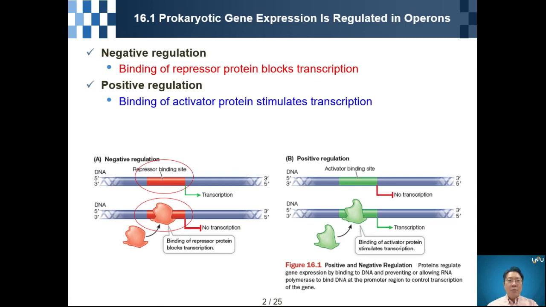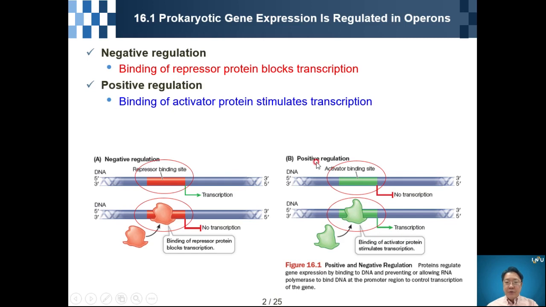How about positive regulation? So this is the DNA. It also has another binding site, the activator binding site. Without activator proteins, there is no transcription. However, binding of activator proteins stimulates the transcription, like this.